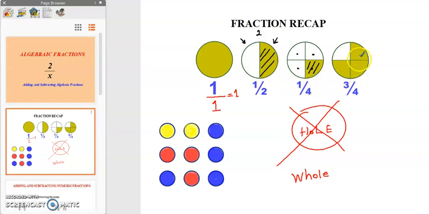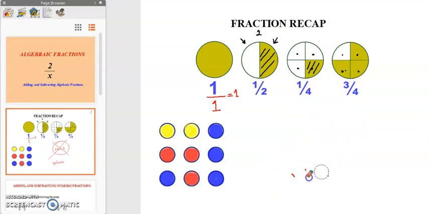And if we look at this, we also have 1, 2, 3, 4 areas. Again, 4 is the whole, and we have 3 areas shaded, 1, 2, 3. So we put 3 over 4, or 3 out of 4 areas shaded in this case. So that's basically where the concept of fraction came from.